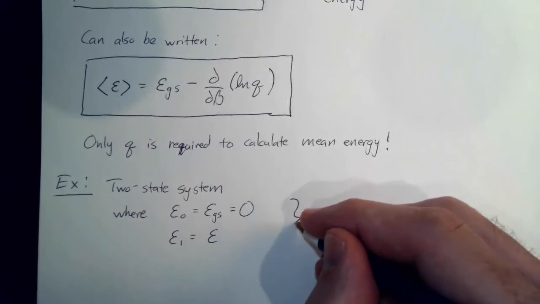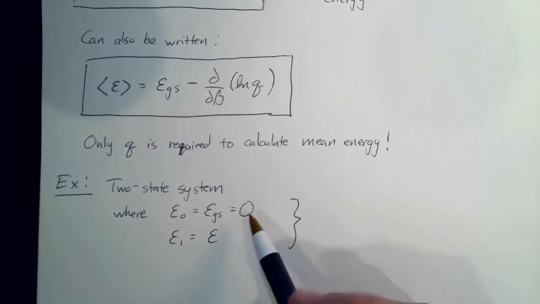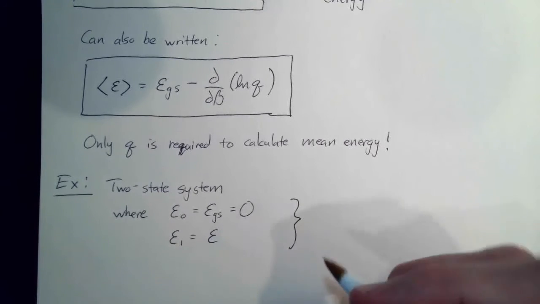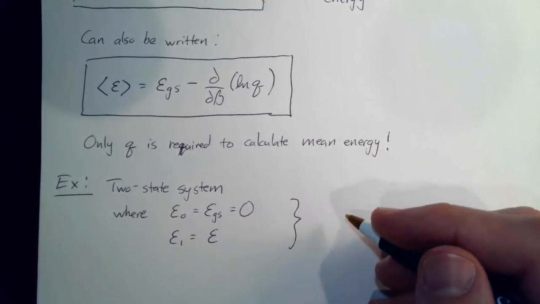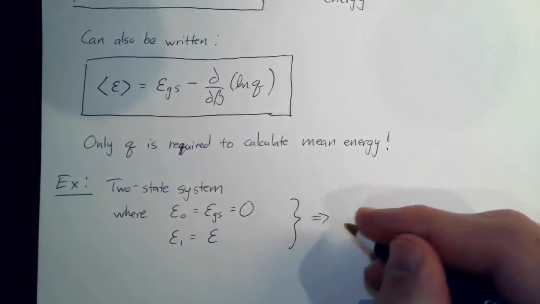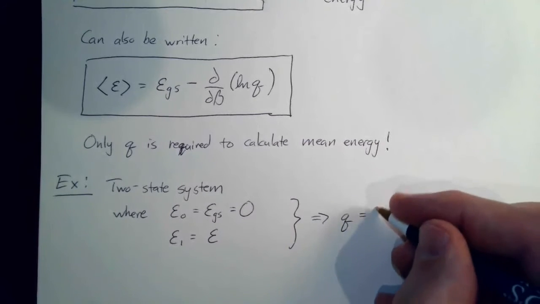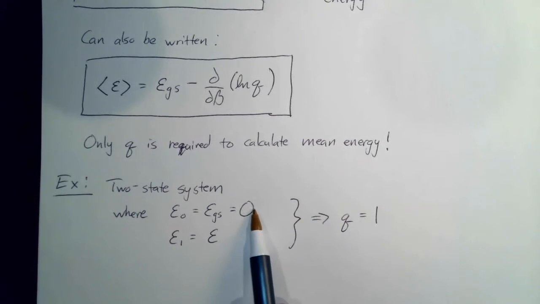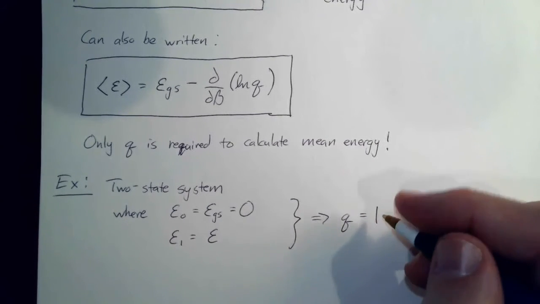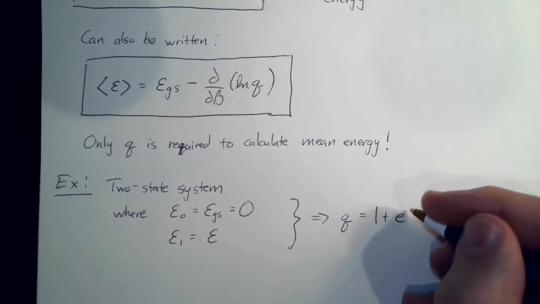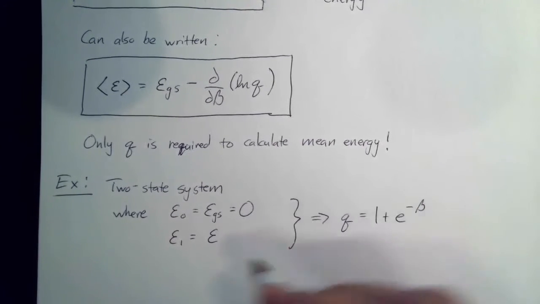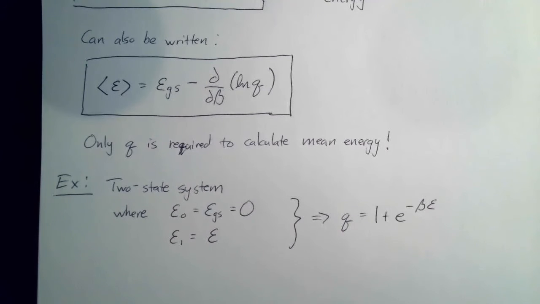It's very straightforward since we know that there's only 2 energy levels, and we know that they are 0 and epsilon. So Q then is just 1, which is e to the 0, plus e to the minus beta epsilon 1, which is just epsilon. Okay, so this is our Q for this two-state system.